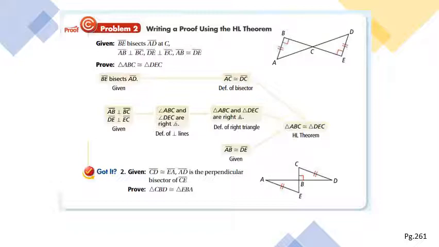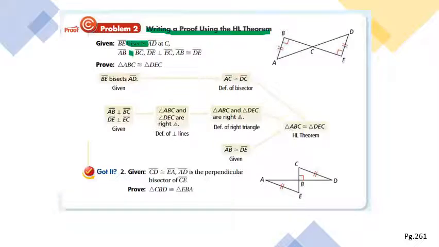Okay, let's see next. Here we have problem 2, writing a proof using the HL theorem. Given here, BE bisects AD at C. From the word bisects, think about it, you will understand. And then they give you here that AB is, what is this symbol?